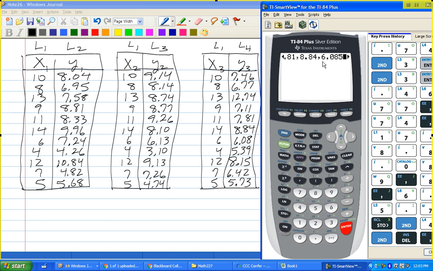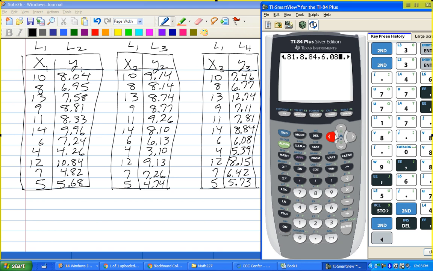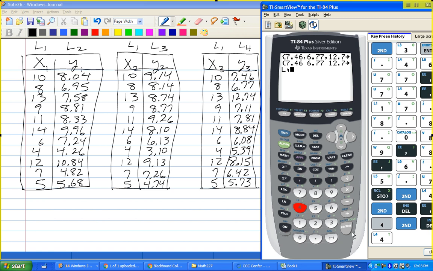6.08, yet another comma. Okay, insert comma. See if this works. Aha, okay. Hopefully that was L4. Let's just check if that's L4. Yes, it is.